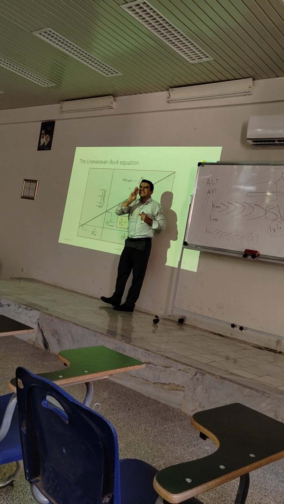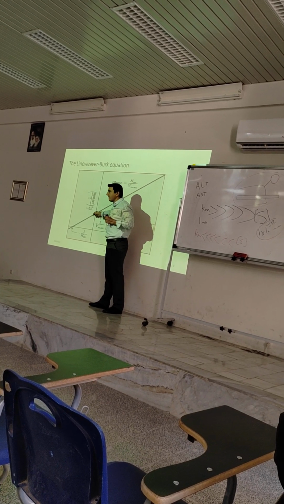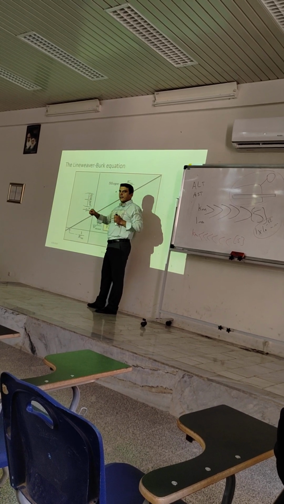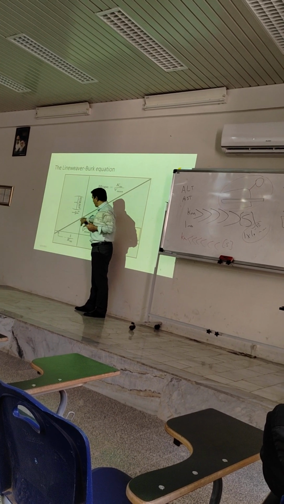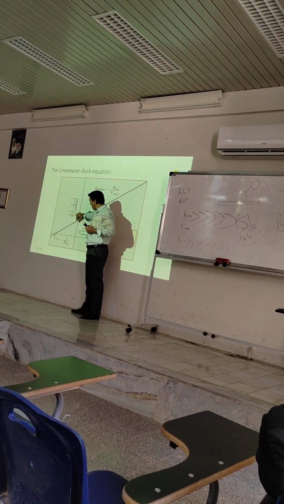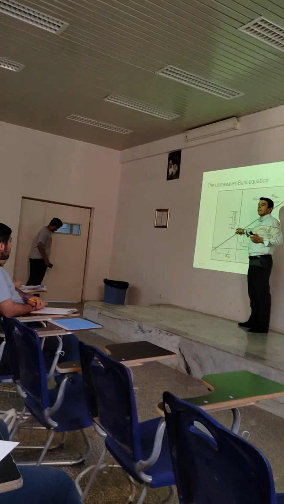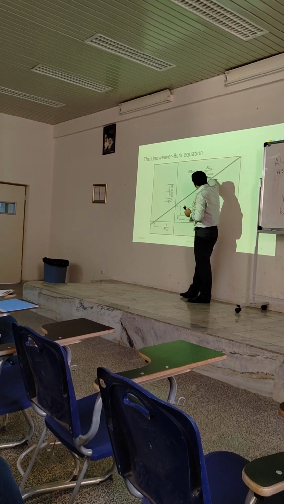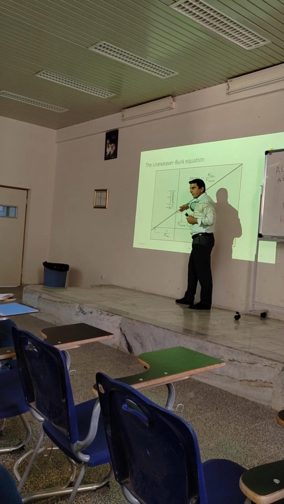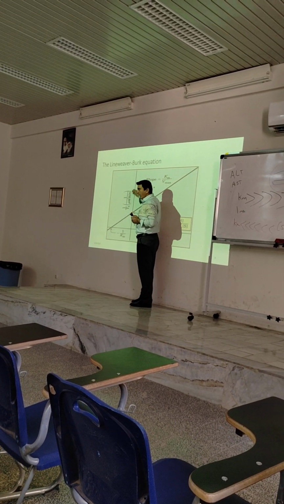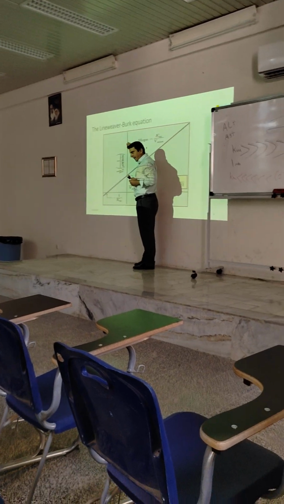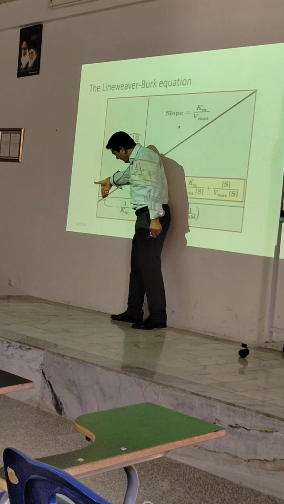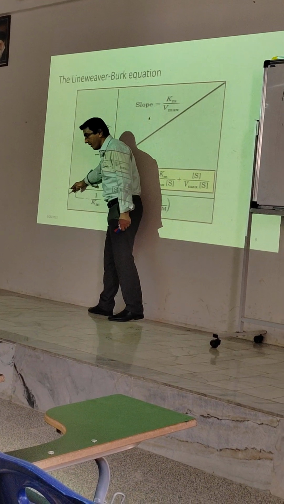We have three important points in this plot. The first one is the intercept between this line and the y-axis. The next one is the intercept between the x-axis and the line.